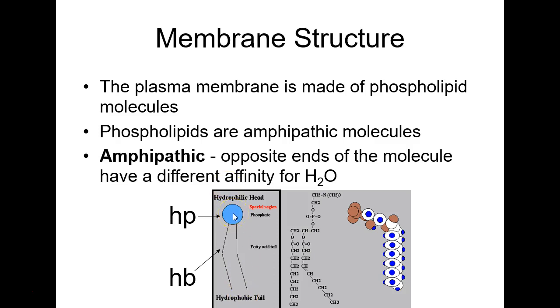So the ends have different affinities for water. So the hydrophilic head, it loves the water. It doesn't mind being in it. The hydrophobic tails, they do not like the water, so they want to be out of it. So this will orient itself, the membrane. When you get a bunch of these molecules together, all the heads will be lined up on the extracellular surface and on towards the inside, towards the cell.